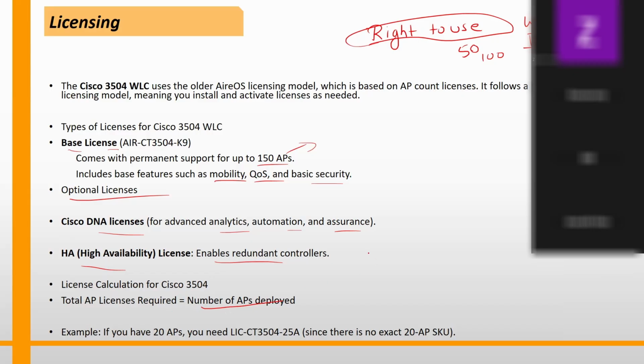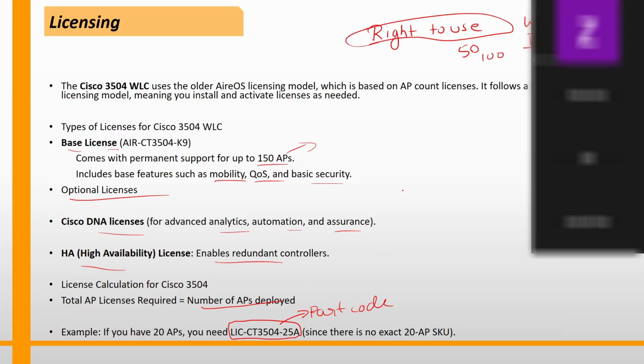The license that the device can support is 150, but you are using 50. The number you have deployed is 50, so the license count is 50. If you have 20 APs, you need this part code. When you are ordering the license, you need a part code. So this is the particular part code.